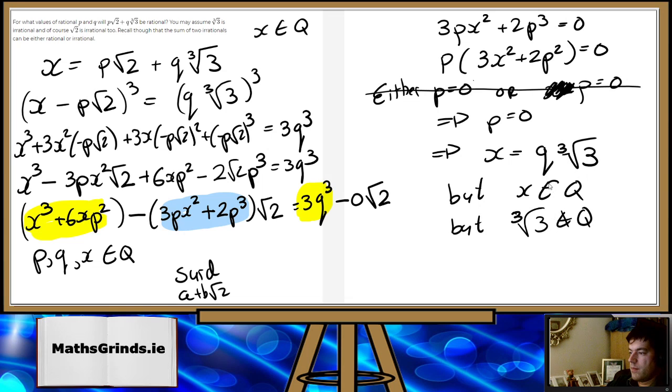So if x is to be rational and cube root 3 is to be irrational, then this can only be true if q is also 0. So for this to be rational, the only possibility is if p and q are both 0. There's no other possibility.